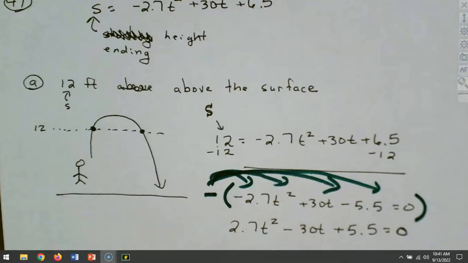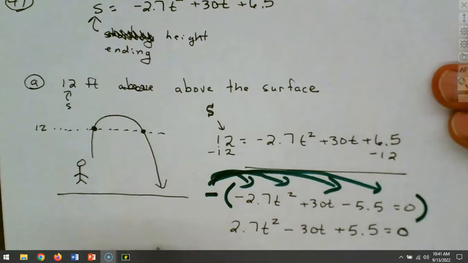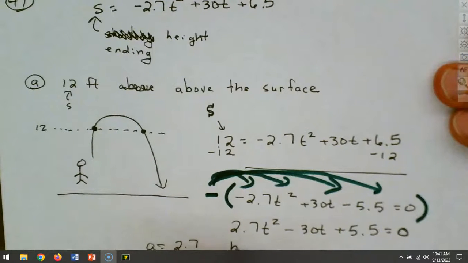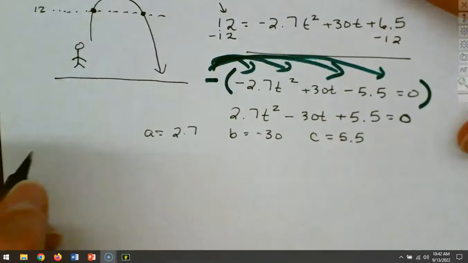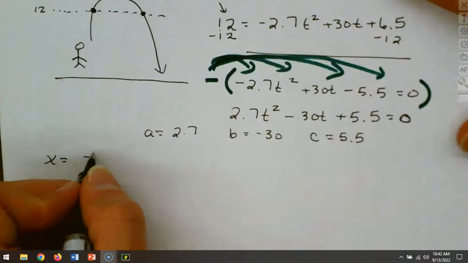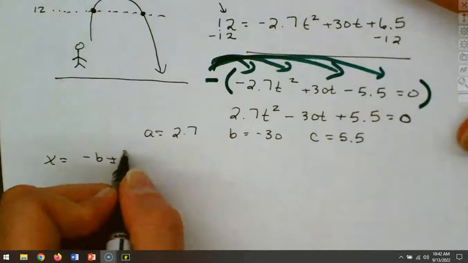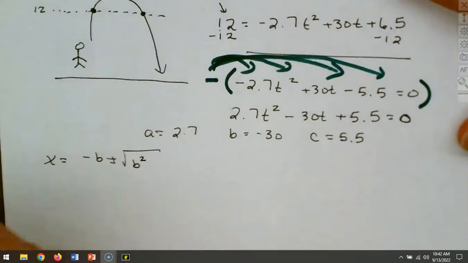Okay, so we can go ahead and use our calculator, and we're going to plug in our A, B, and our C. We're going to apply our quadratic formula. We've got it all listed out, so let's find our components. A is 2.7, B is a negative 30, C is 5.5. Apply your quadratic formula. Write it down again if you need to. We've used it quite a bit.